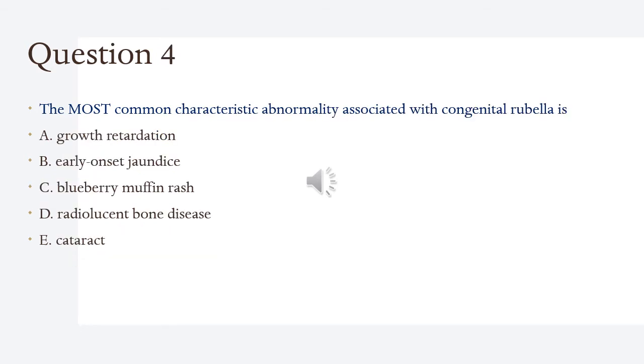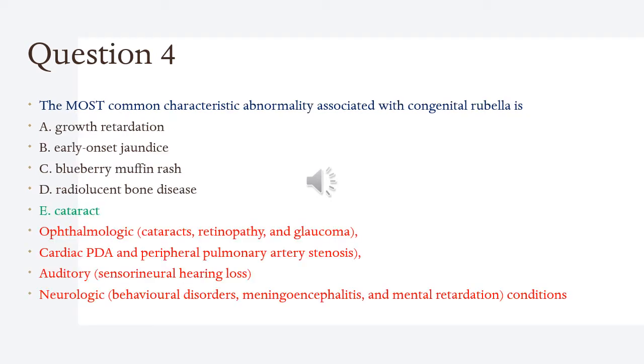Question number 4. The most common characteristic abnormality associated with congenital rubella. Is it growth retardation, early onset jaundice, blueberry muffin rash, radiolucent bone disease, or cataract? Congenital rubella, once it comes to our mind, should always be connected to cataract. So the answer here is cataract.